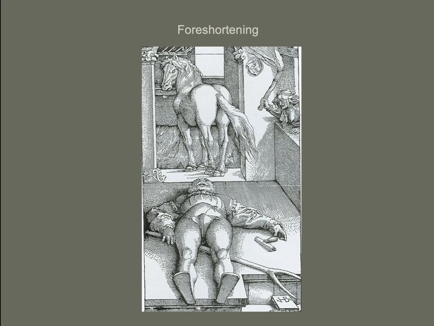Foreshortening is perspective used in human and animal form. So a good example of this can be seen here in this illustration. Where you can see, if you look at this figure, you can see the feet of the man and then the legs. Look at the legs and see they look like they're short.